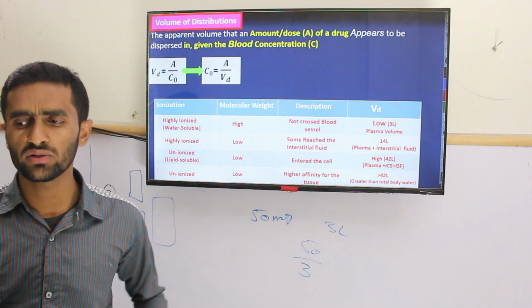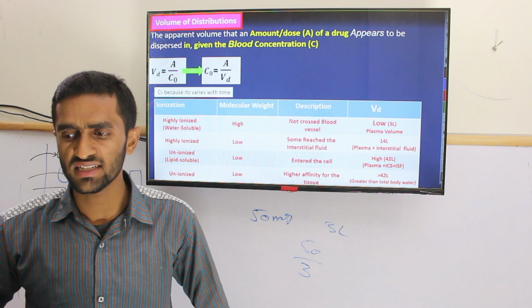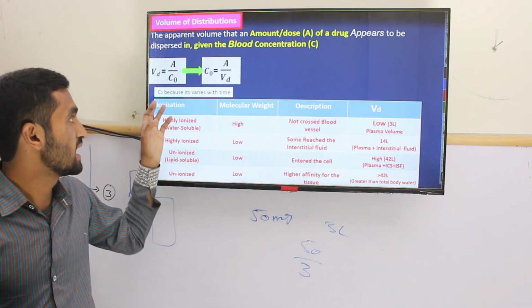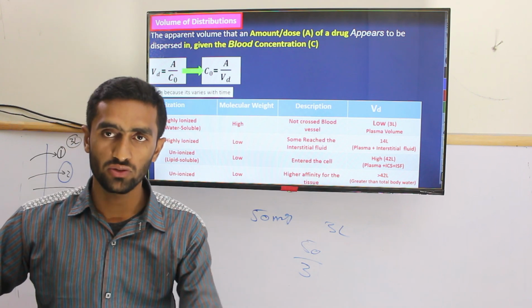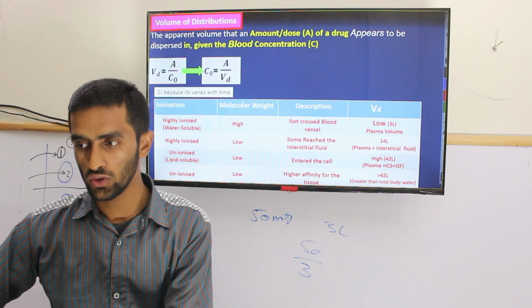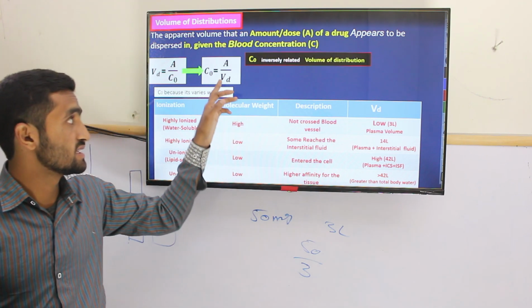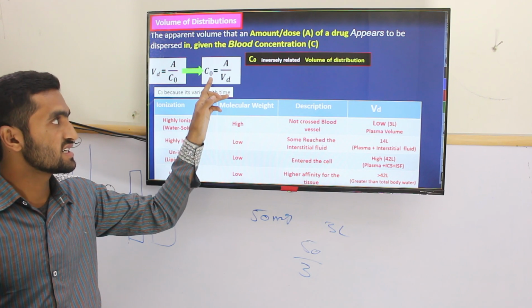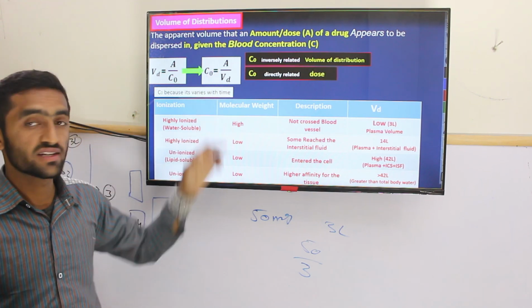So we need to check out a different question. Why did I mention the concentration at 0? Because it varies with time. As time passes, your drug is going to distribute into different tissues. Now what does this tell us? You can see the concentration is inversely related to volume of distribution, and directly related to dose.